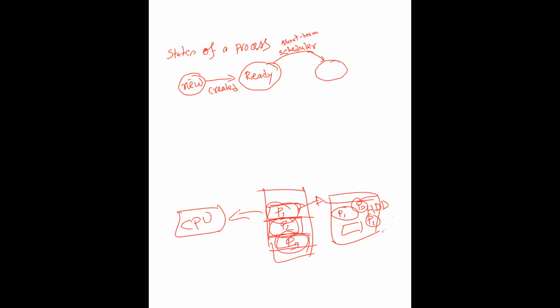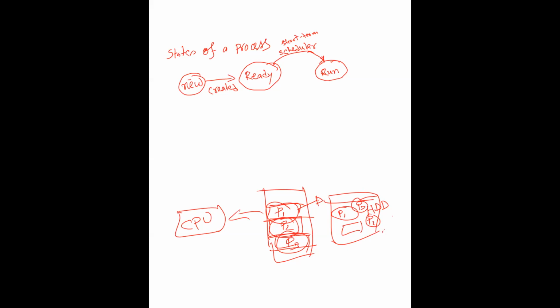So this is called the running state or execution state, the run state. From the ready state, a process can go to the running state. A scheduler schedules a process for the running state.